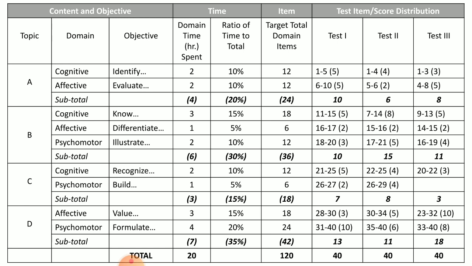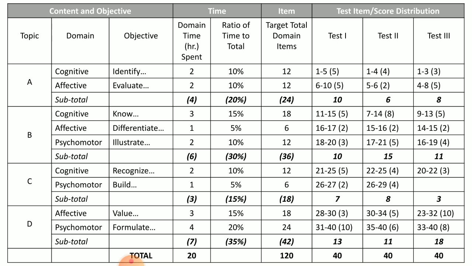Then for test 3, we have 1 to 3, which is 3 items, a total of 12 items. Same is true with topic A, affective. So we have number 6 to 10, which is 5 items. For test 2, items 5 to 6, which is 2 items. And test 3, items 4 to 8, which is 5 items. So a total of 12.